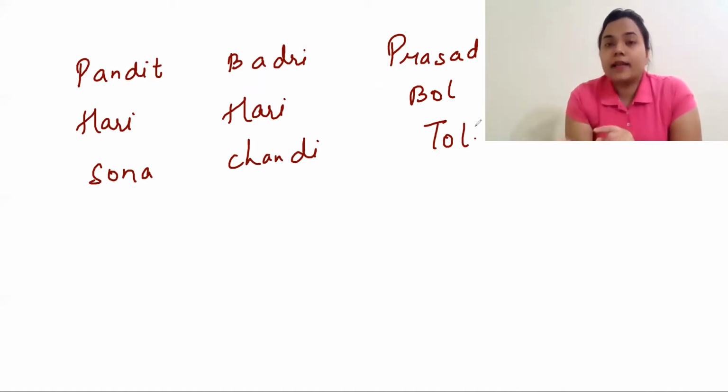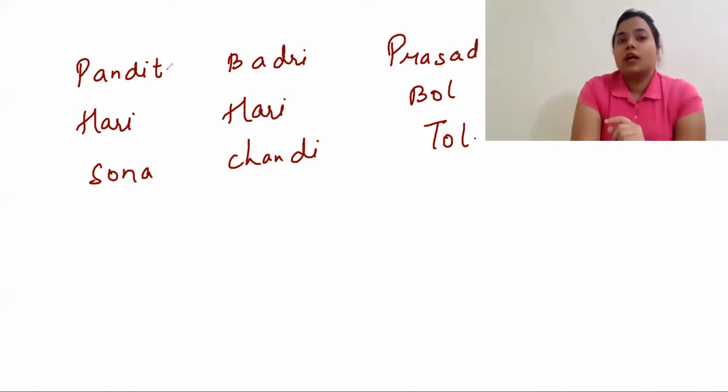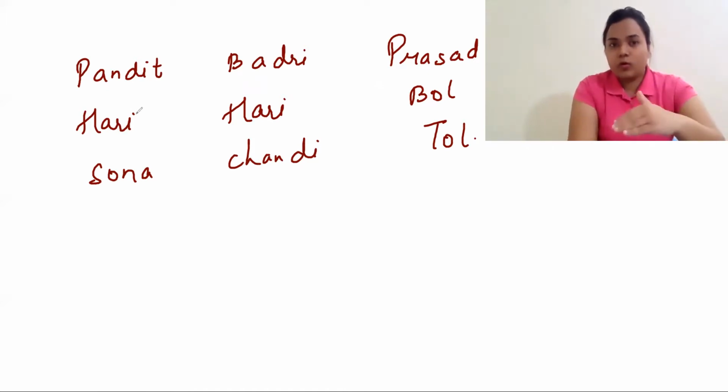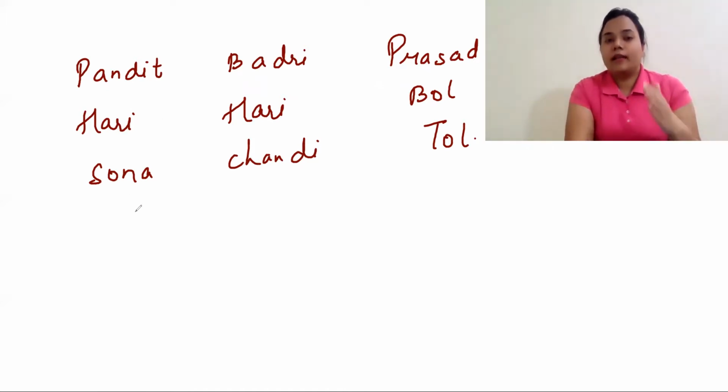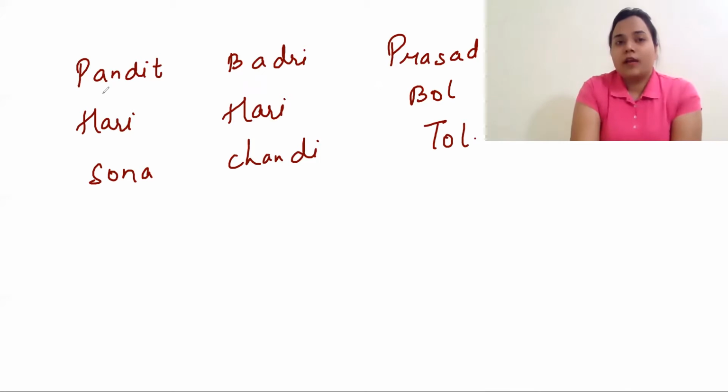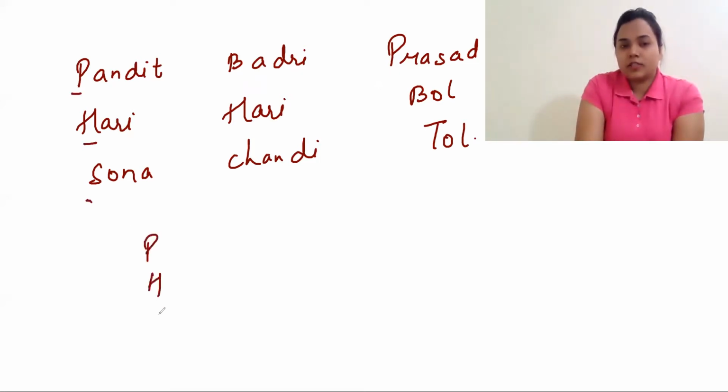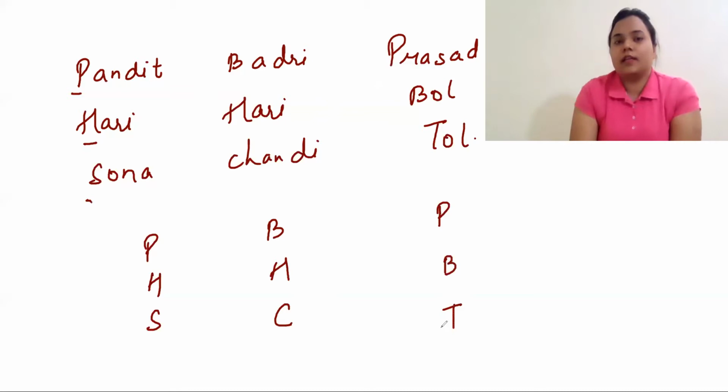We will be writing it in this order only. Means first three, then below that another three, and below that another three. Now I'll just take the initials: P, H, S, B, H, C, P, B, T.